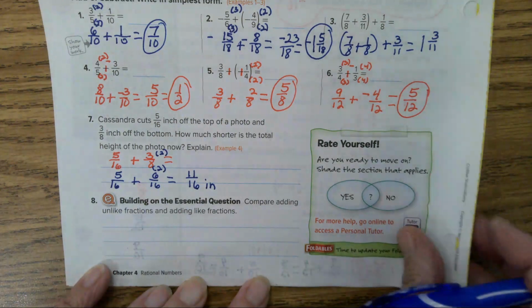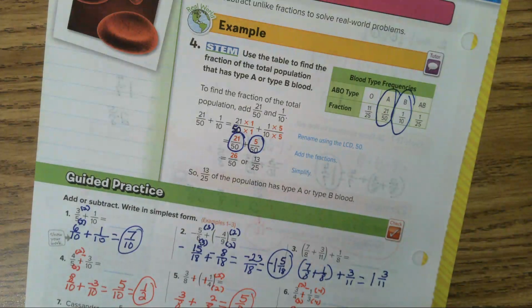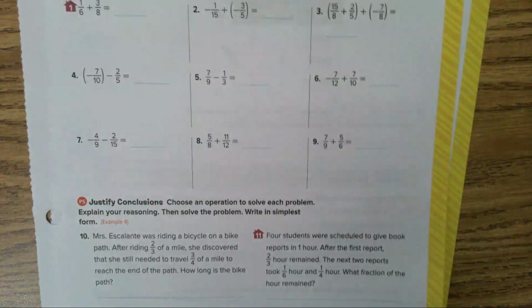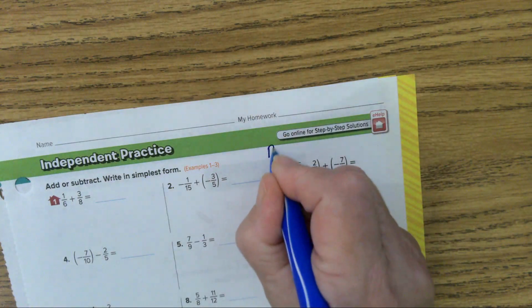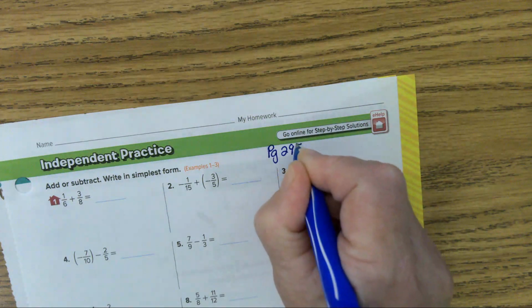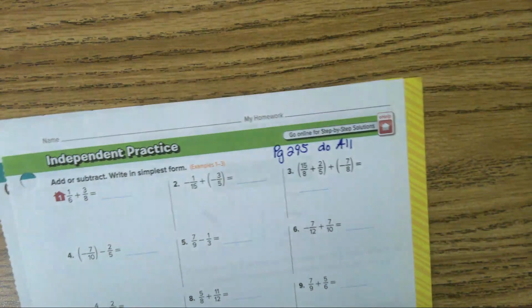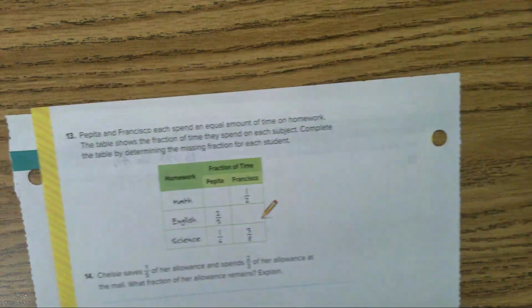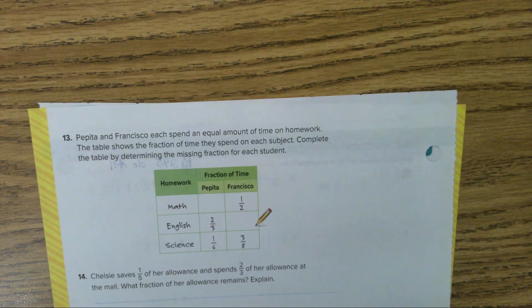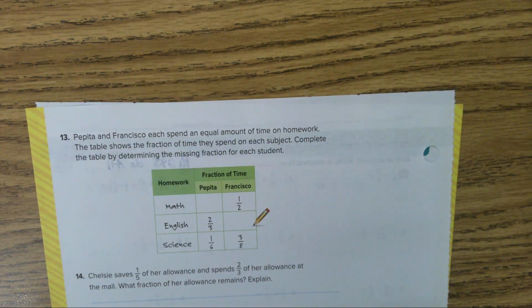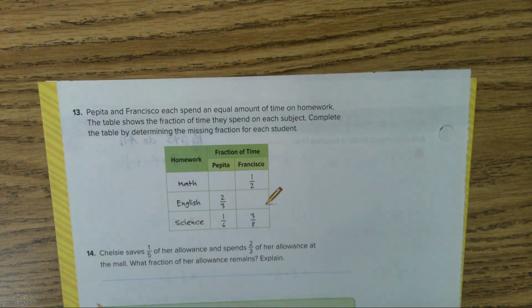So, homework assignment. Let's look at what we're going to do. Page 295. I want you to do all on page 295. Turn the page. On page 296, we can't do number 15 because that's about something we've not talked about yet.